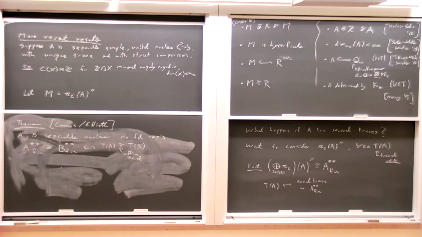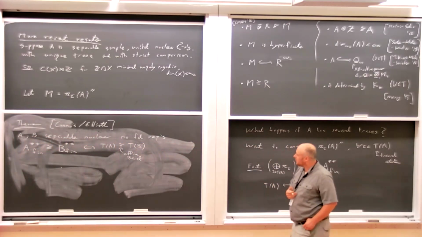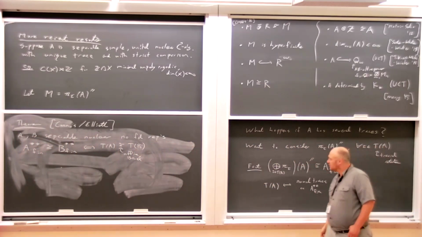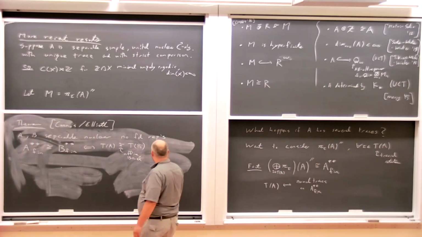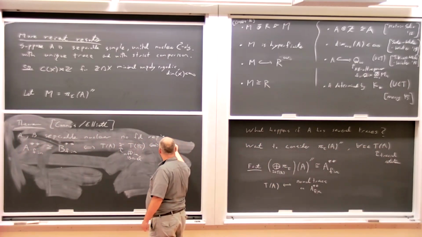So the point is you forget the topology on the traces. You remember the Borel structure generated by the topology, and then some general Choquet theory kicks in. That's actually equivalent to the extreme points of the traces on A and traces on B having the same cardinality.